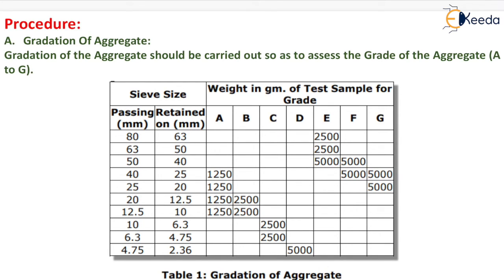That is, passing sieve is 80 mm, retained sieve is 63 mm, and for grade E type aggregate the weight of the test sample in gram will be equal to 2500 grams. Similarly for different types of grades weight will be written here like this.